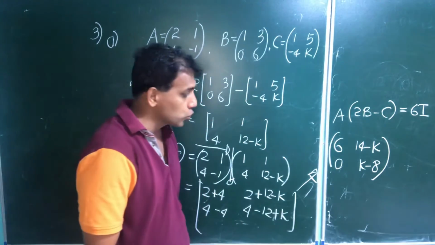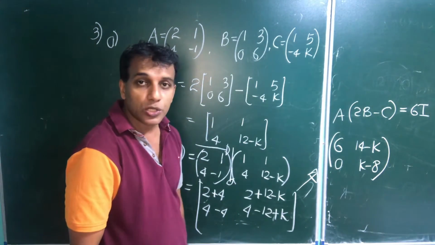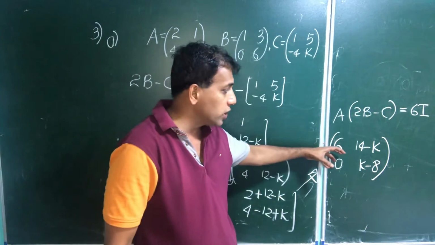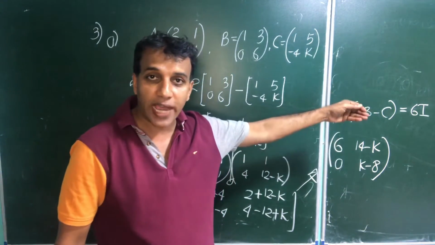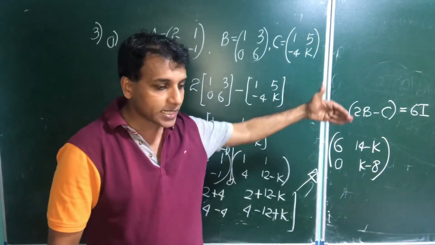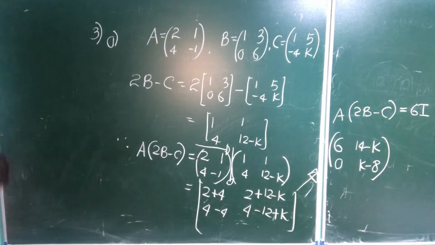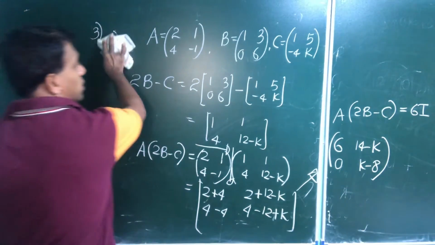So later, to find the K answer, this equals 6 times the identity matrix, 6 times I. Hence we can solve for the K answer, right?